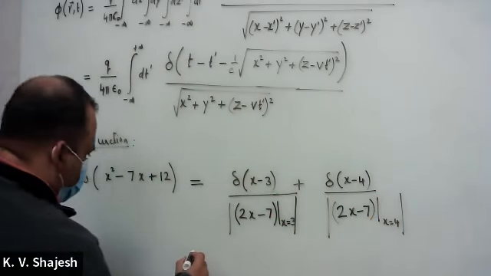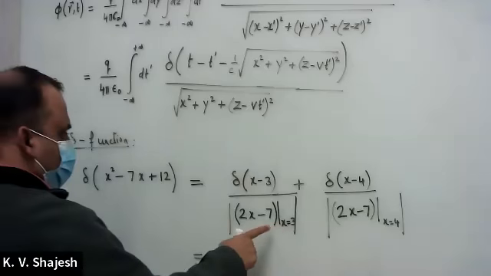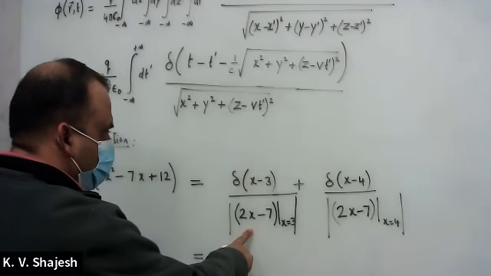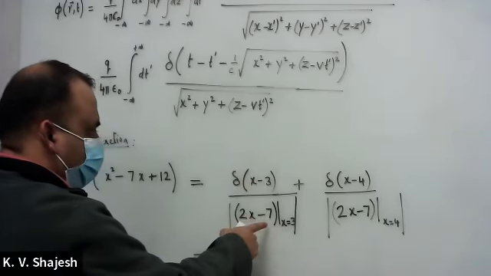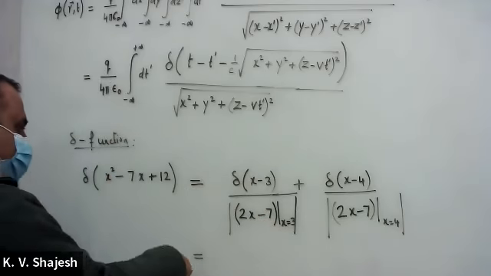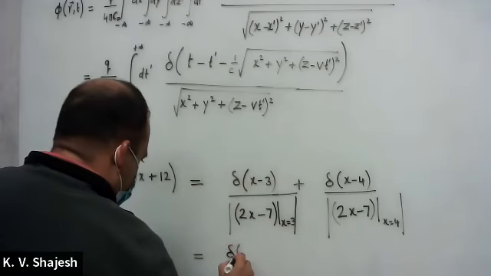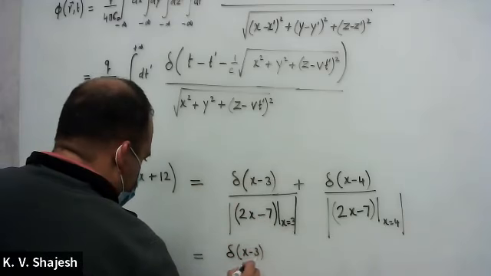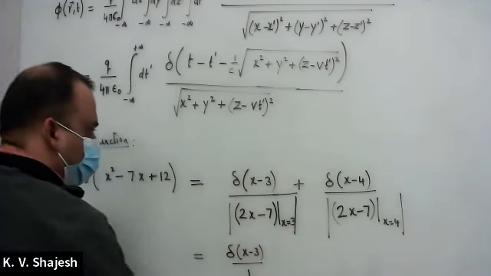So in our situation, 2 times 3 is 6, 6 minus 7 is minus 1, but I have to take the magnitude, so it is delta of x minus 3 over 1.